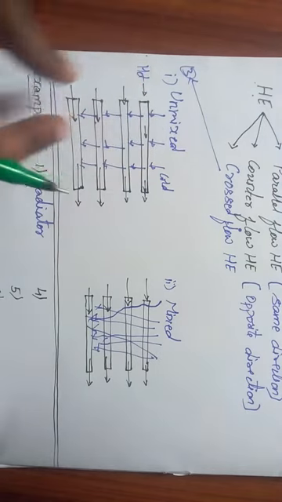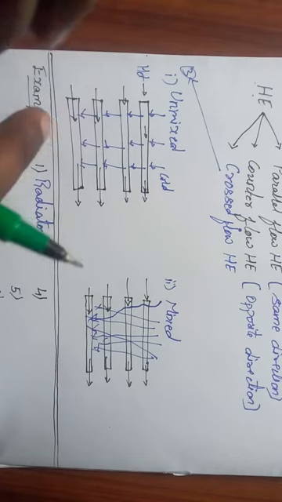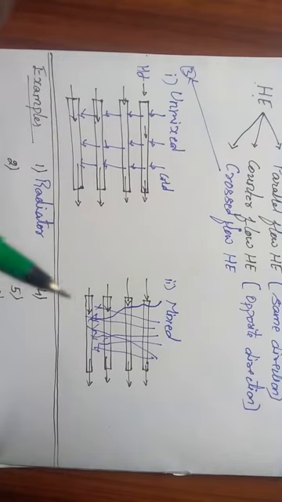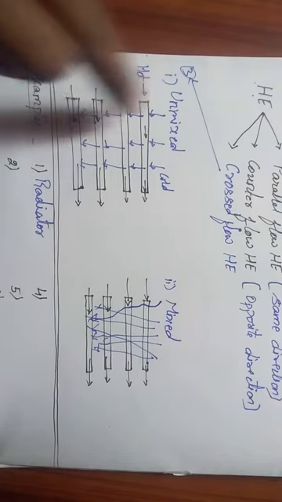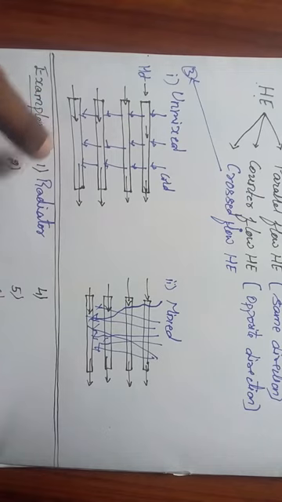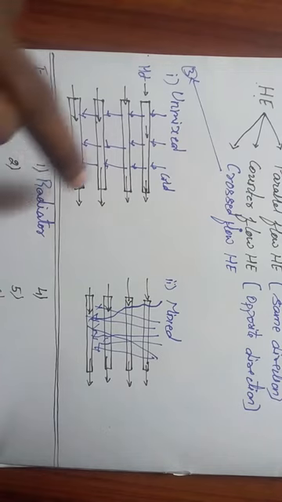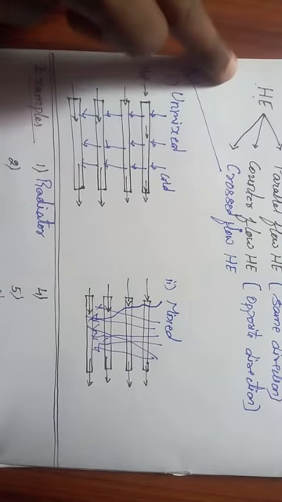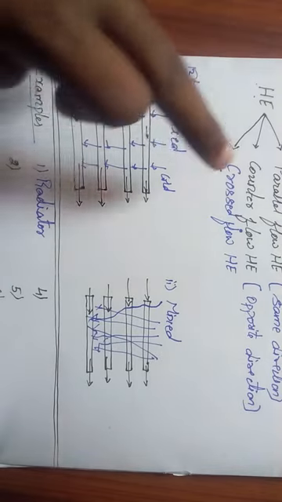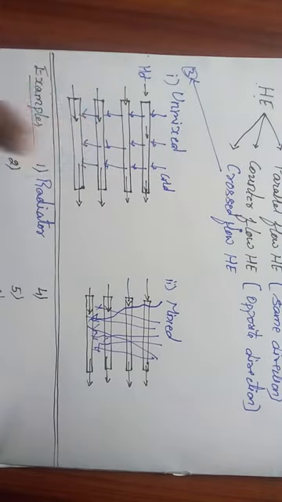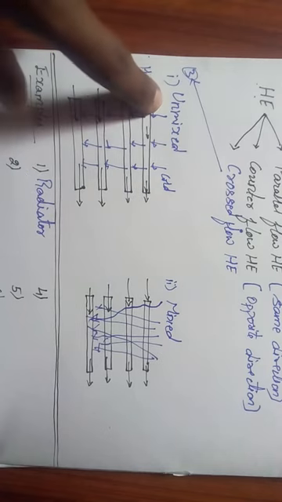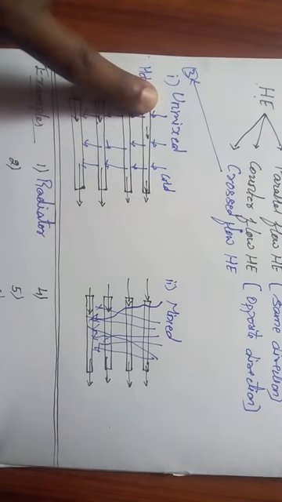The direction of air is controlled by the direction of fins. The way we position the fins controls the direction of this cold fluid. So the radiator is one example of a heat exchanger, and in particular it comes under cross flow, and again under cross flow we can categorize this radiator as unmixed.